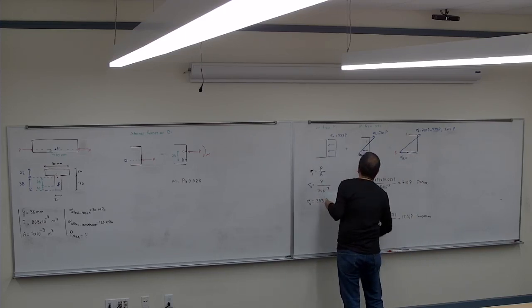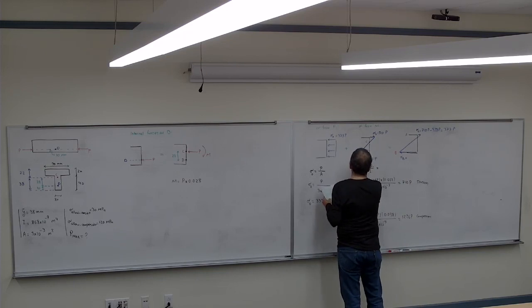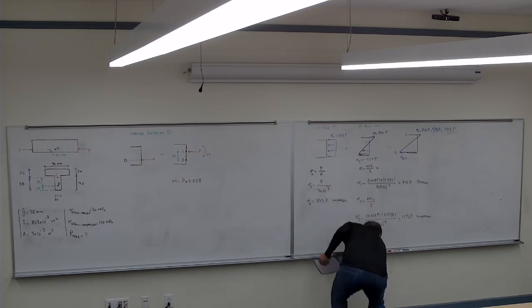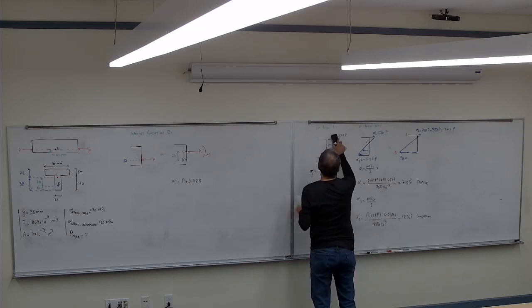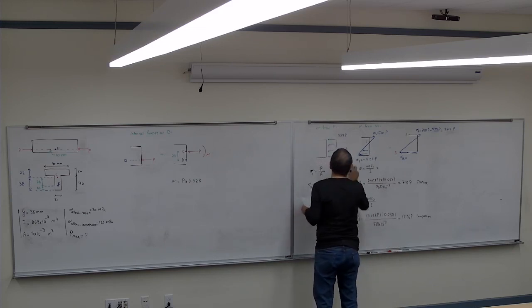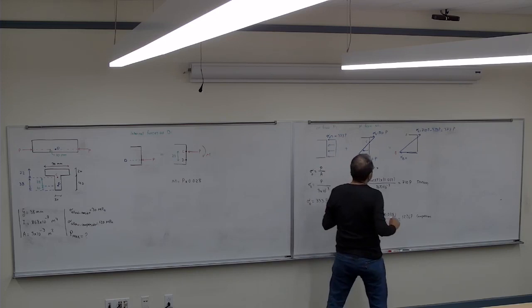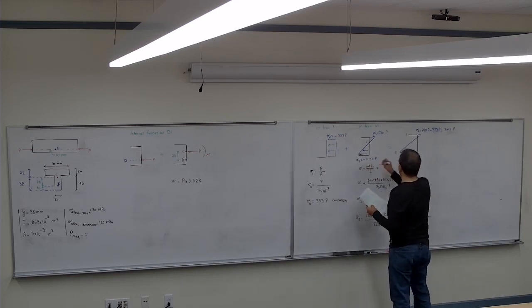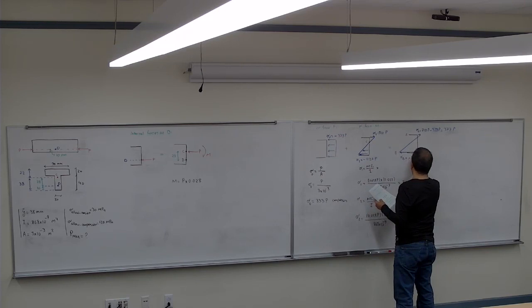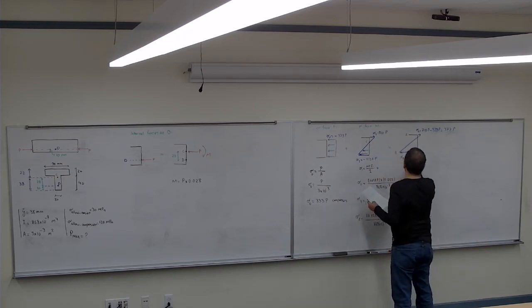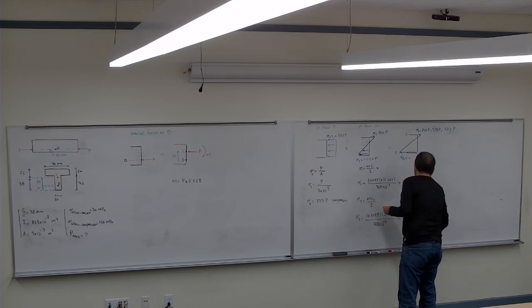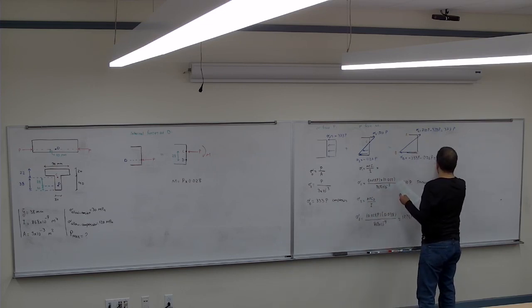I'm going to have negative 333P minus 1226P, which would be minus 1559P.